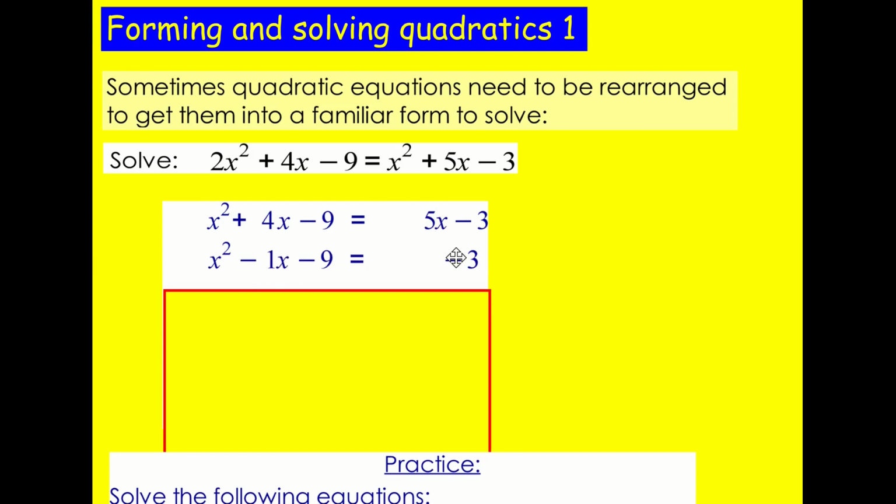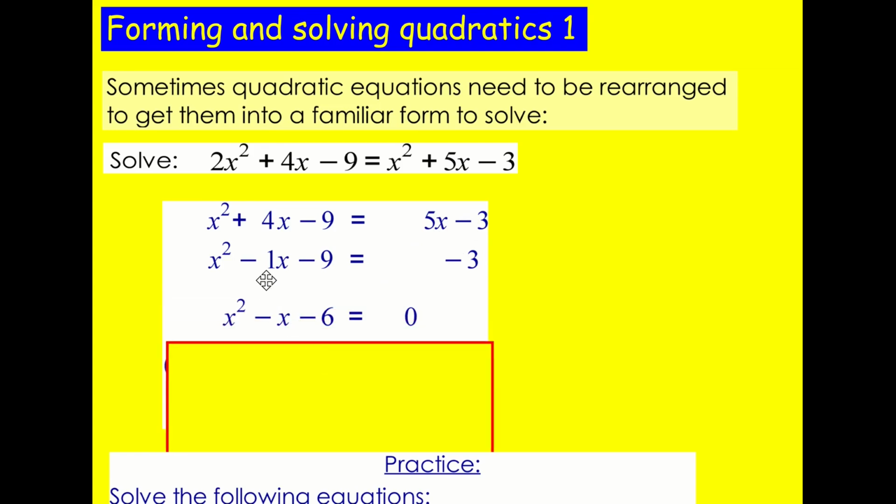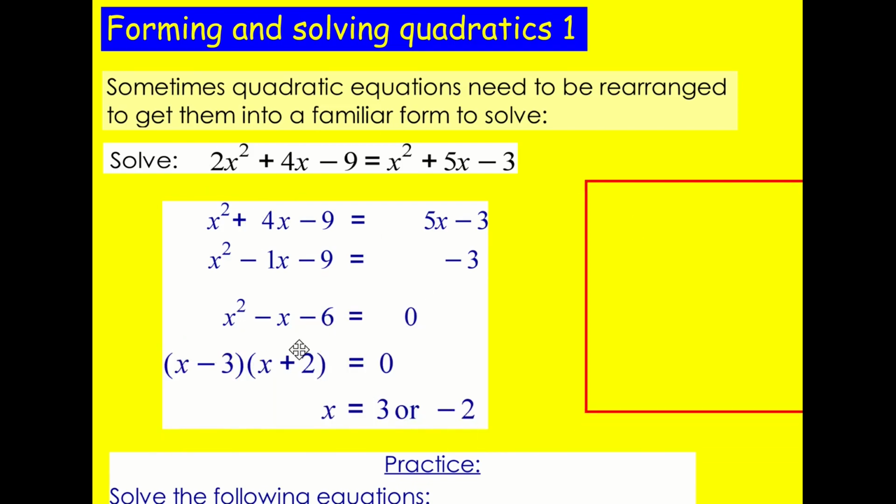That's now equal to minus 3. And then finally add 3 to both sides, which gives x squared minus x minus 6 equals 0. And we're back to where we were in that starter, but we started with something more complicated that we've had to turn into a quadratic that equals 0. After that, factorize and get the solution.